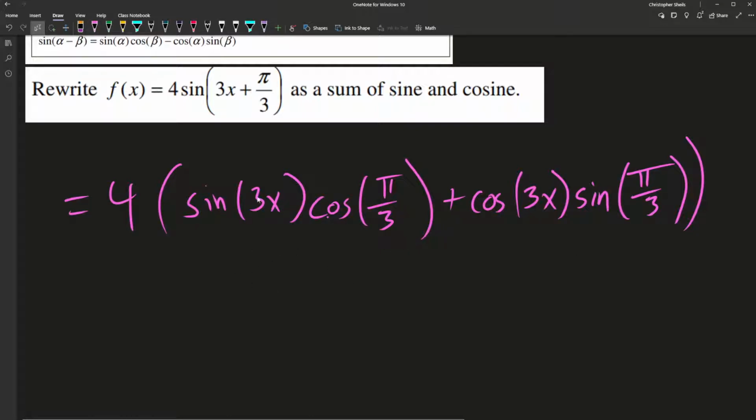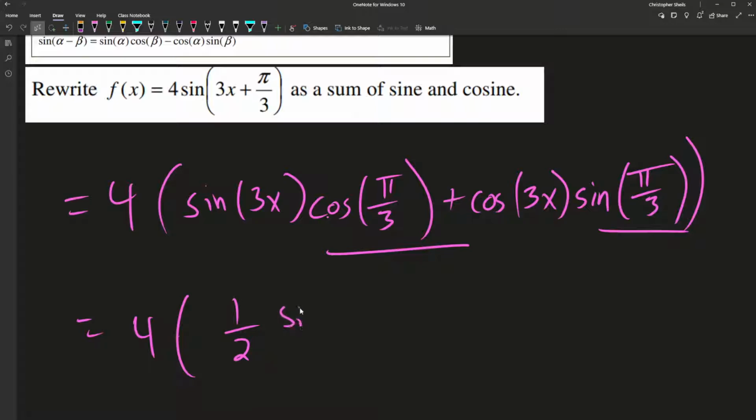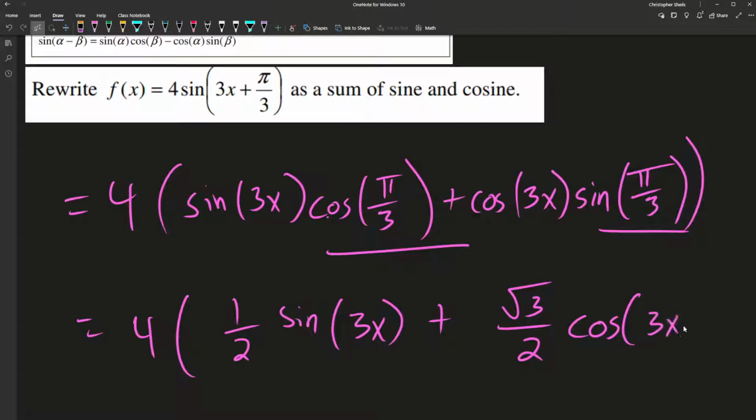Now, whenever I evaluate these, this becomes 4 times, cosine of pi over 3 is 1/2. I'm going to write this as 1/2 times sine of 3x, plus sine of pi over 3, which is square root of 3 over 2 times cosine of 3x.